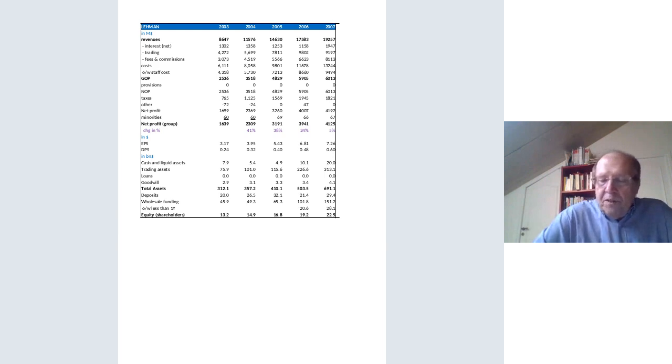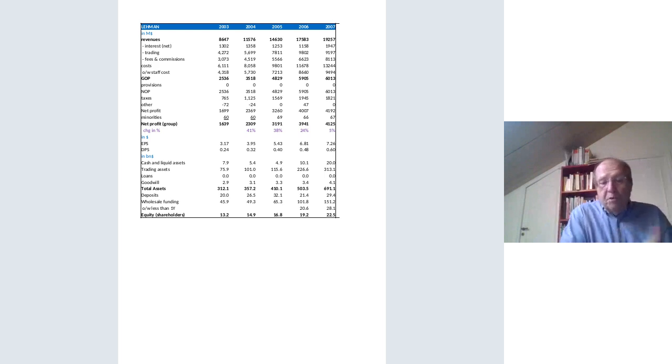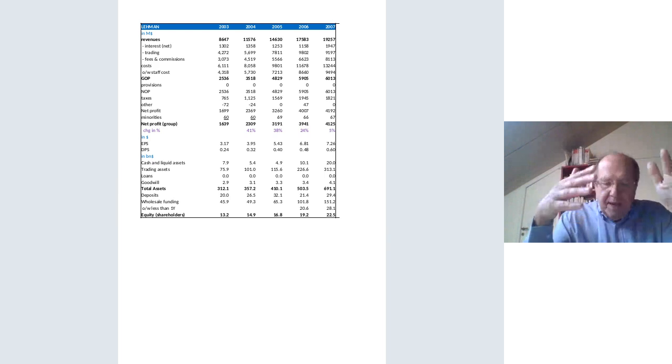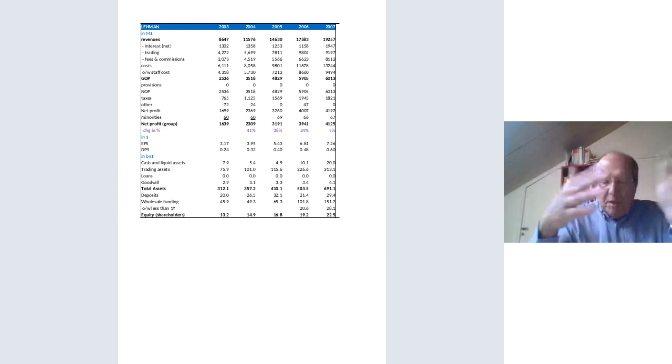You see the apparent leverage, which is the total assets on equity, just computed on the numbers you have on the left, moved from 24 to 30. It's a little bit high. You remember we talked about 10, 15, and the published leverage ratio, in which you exclude some of the assets because they are very liquid, moved around 15.